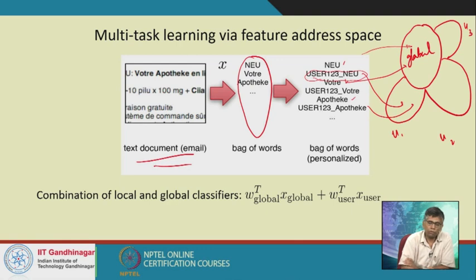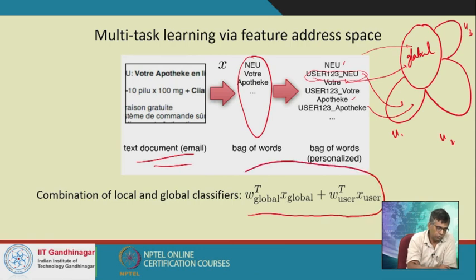Okay, and now what we'll do is that we say let us learn a classifier on this entire feature space, right? It's not very hard for you to see that what this corresponds to is that for every user we are learning a classifier of the following form: a classifier which has a set of coefficients for the global feature space, and a set of coefficients for the user feature space, right?